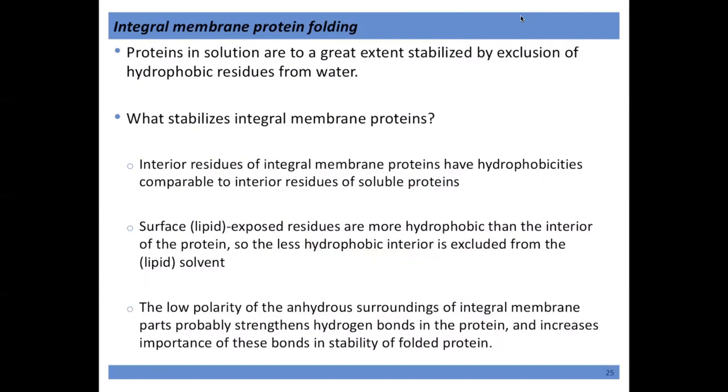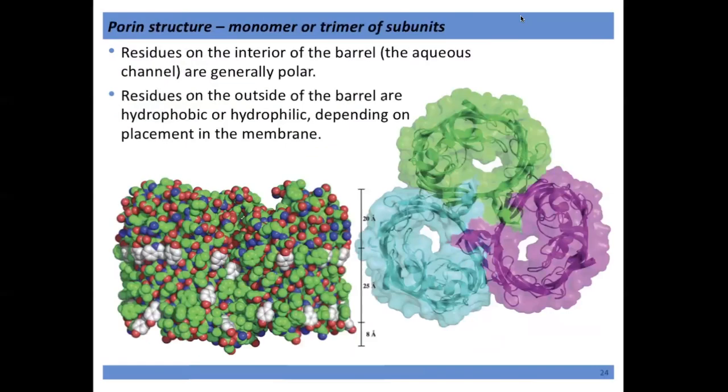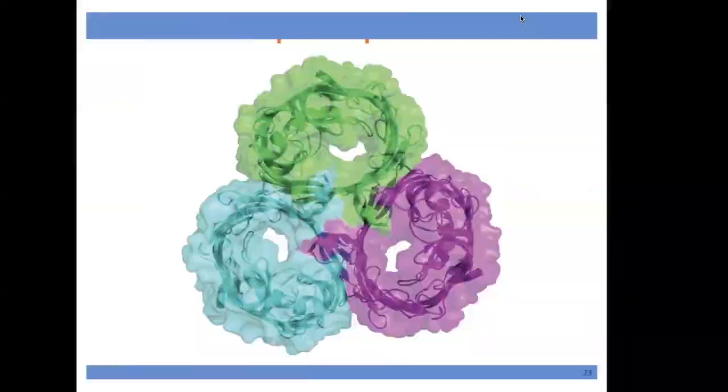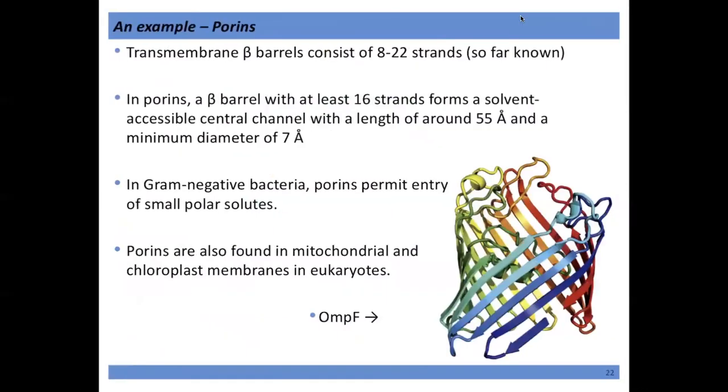And so that's likely to increase the stability and the importance of those hydrogen bonds in keeping those proteins folded. And you kind of can guess that when you look at these porins here, because remember that you get hydrogen bonding between the backbone here. And so if you bury this in a hydrophobic environment, those hydrogen bonds are likely going to be more important, and you don't have the water competing to break those up.